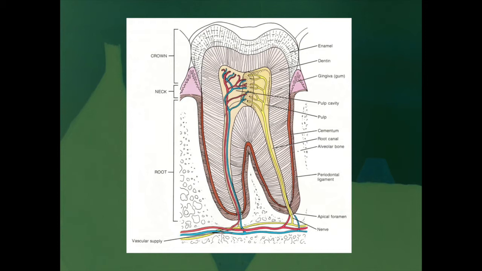And this is why terms like mesial and distal sometimes will only be applied to the first three dental types, the incisors, the canines, and the premolars.